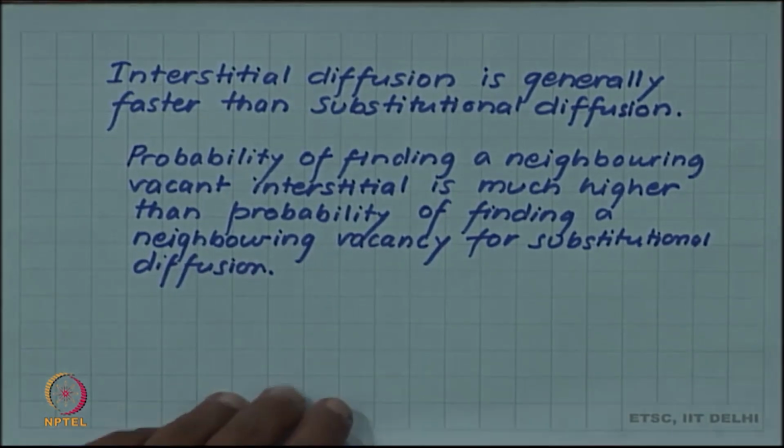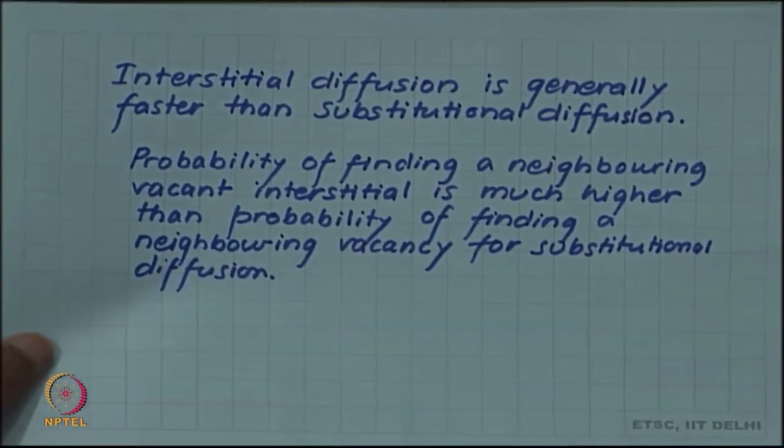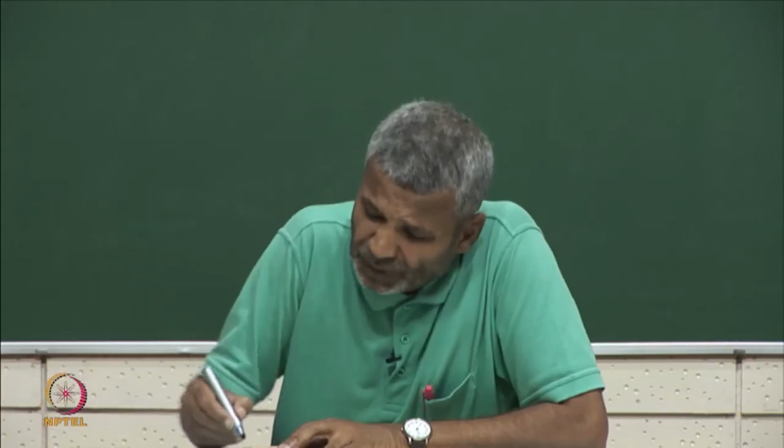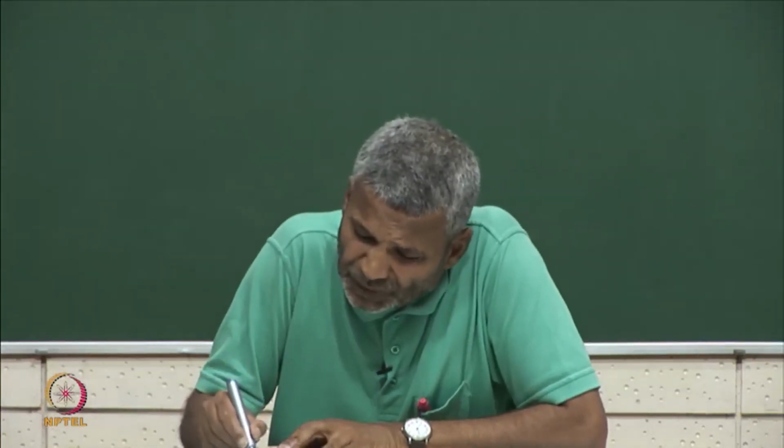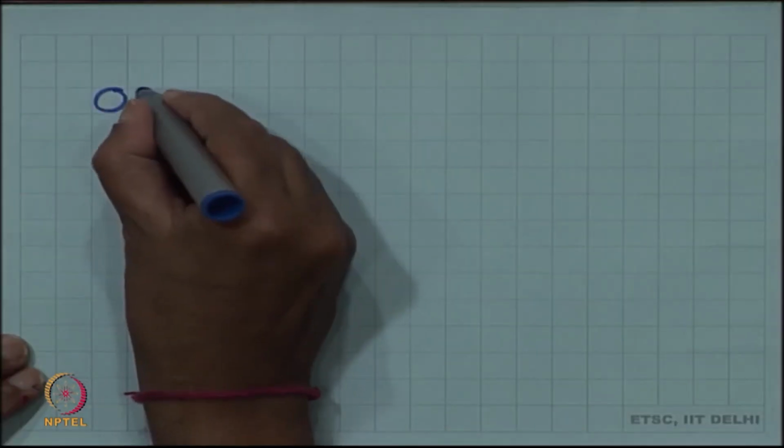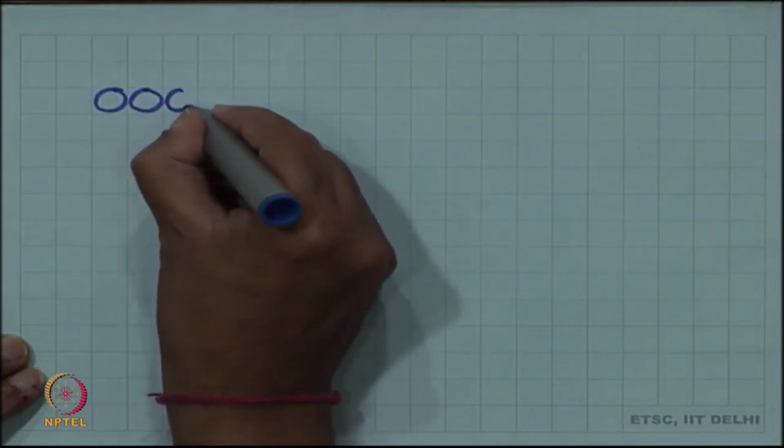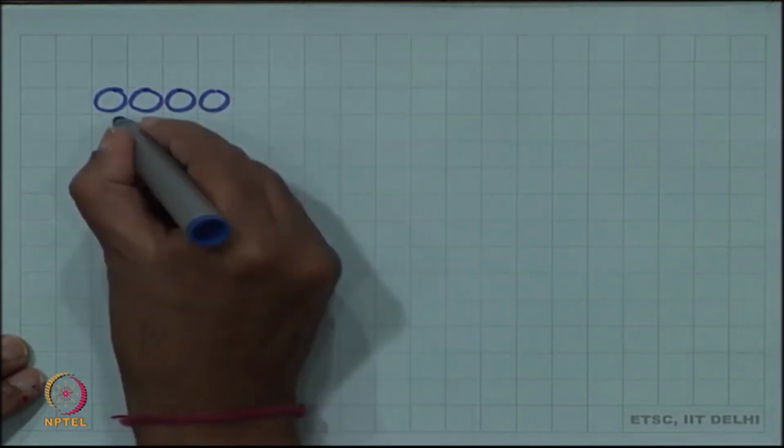Let me end this video with one more consideration of the movement of atoms during diffusion, the energy consideration. So, let us look at it again from the interstitial diffusion point of view.